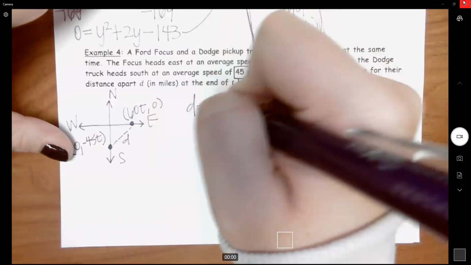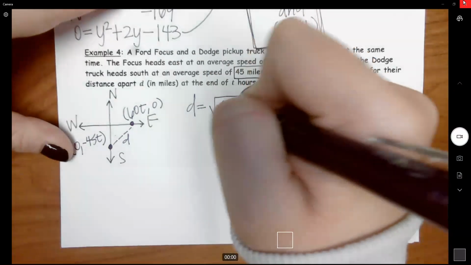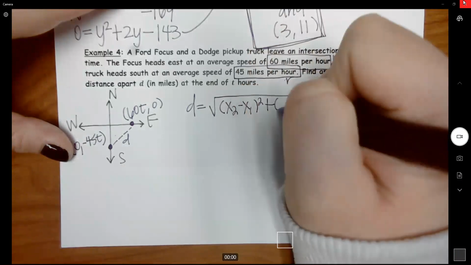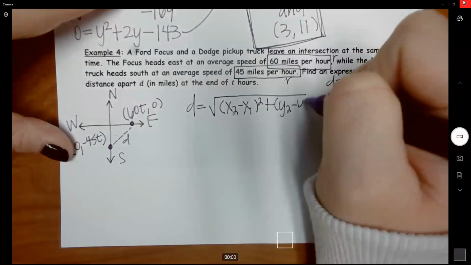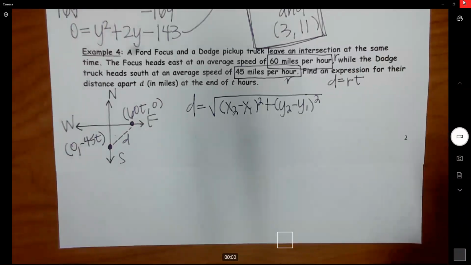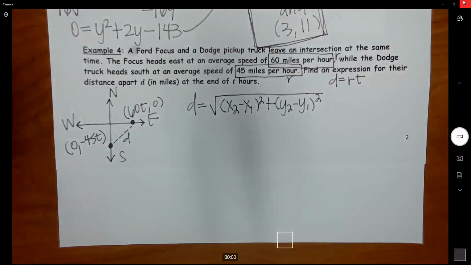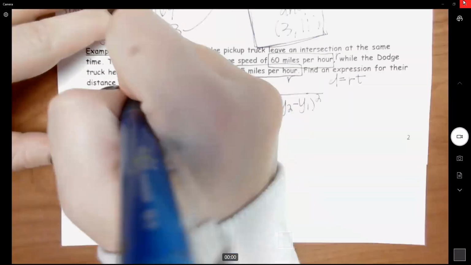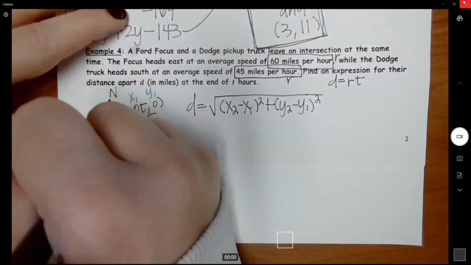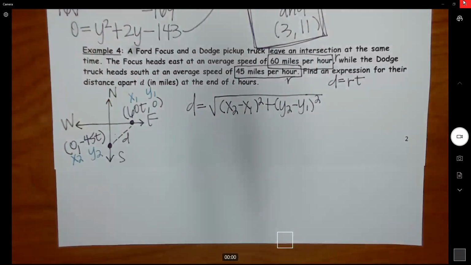So I'm going to write my formula. That's always a great spot to start. It doesn't matter what we call point 1 and point 2, but I'm going to call this x1, y1, so x2, y2 here. And now plug in your information.